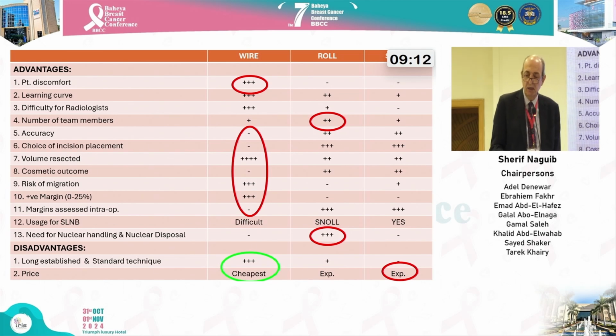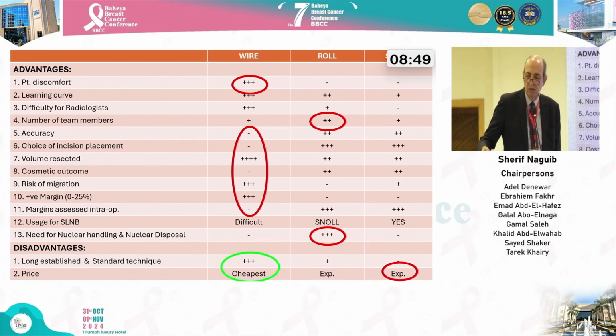If we look at the radio-guided occult lesion localization, we will see that it has 2 main disadvantages. Number 1, there should be a nuclear medicine doctor included in the team. And number 2, we are faced with the need for nuclear handling and nuclear disposal.